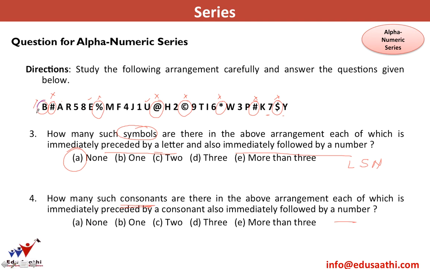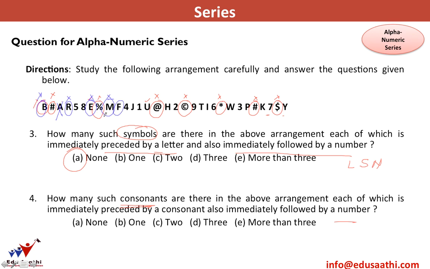So this B is not in my set, this is not a consonant. Now R is a consonant but it is not preceded by a consonant, it is preceded by a vowel which is A, so this is also again not in my set. E again not in the set because it is not preceded by a consonant. M again not in the set as it is preceded by a symbol.